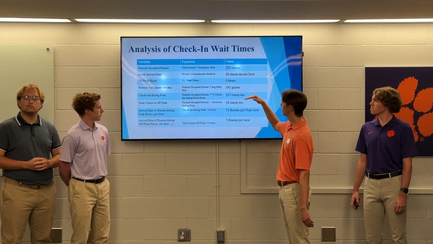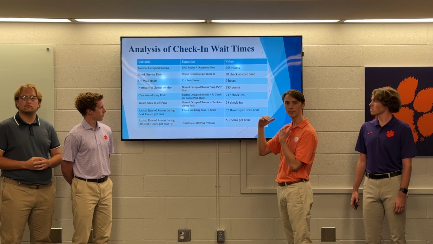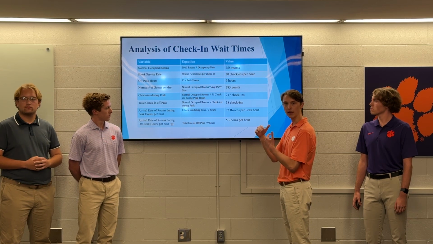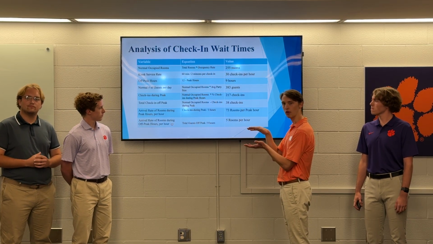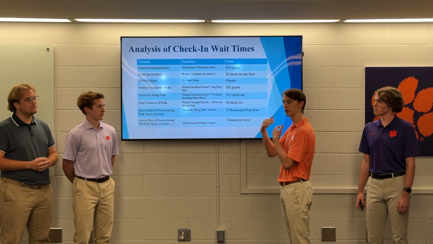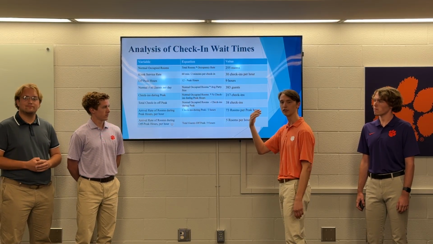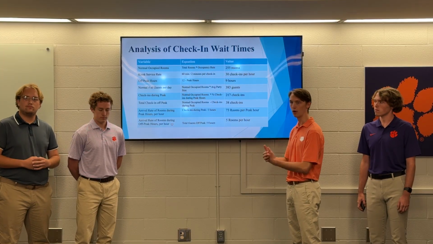When you divide the peak number by 3, that's about 73 people coming per peak hour, and that's the number we use to solve most of our equations to make sure our kiosks and desk agents were able to accommodate all of them.